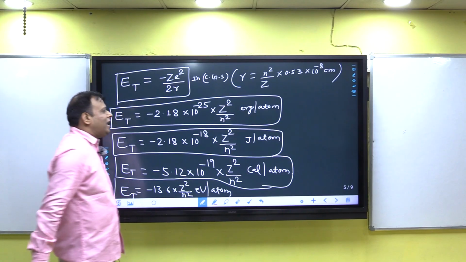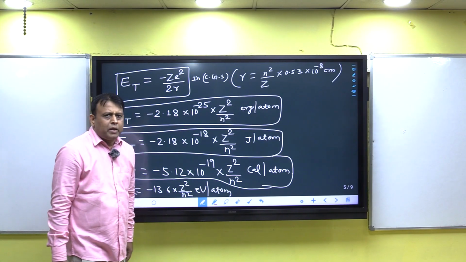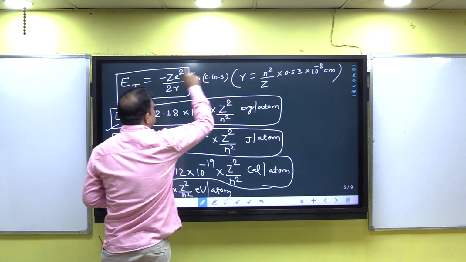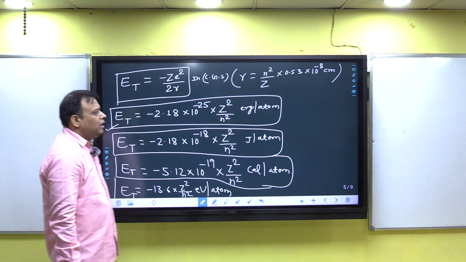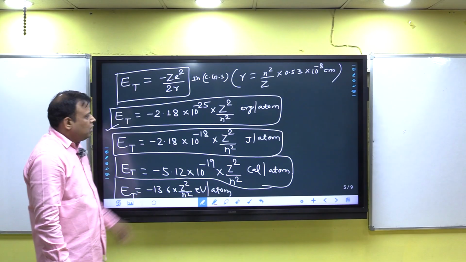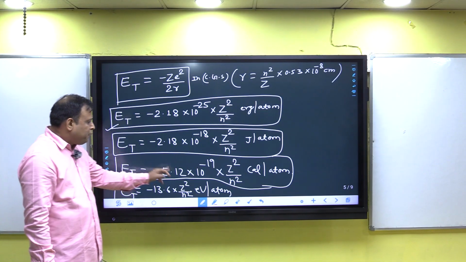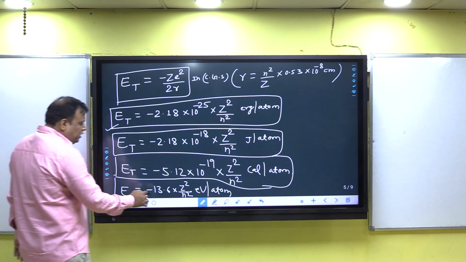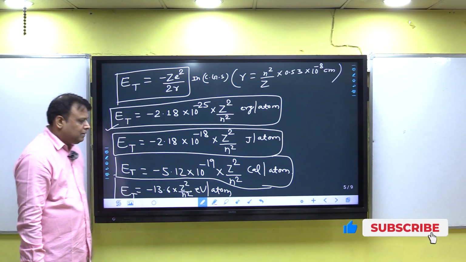So after putting in all values, total energy is equal to minus 2.18 into 10 to the power minus 11 erg... Z² by n², because Z and this Z² divided by n². In erg per atom, in SI system 10 to the power minus 18 joule, and in calorie terms it will be 5.12 into 10 to the power minus 19 into Z² by n² calorie per atom, and total energy is minus 13.6 into Z² by n² electron volt per atom.